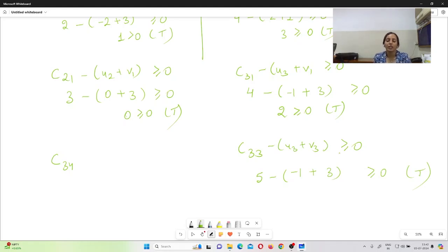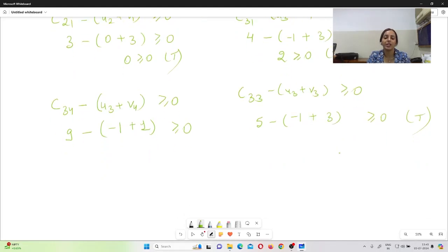Putting all the values in the same concept, Cij minus Ui plus Vj should be greater than equal to 0. If all the conditions in this question are being satisfied, this shows that we are qualified with the concept of MODI, and the initial feasible solution which we have done, from the initial feasible solution we find the figure as 180, that 180 rupees is your optimum solution.